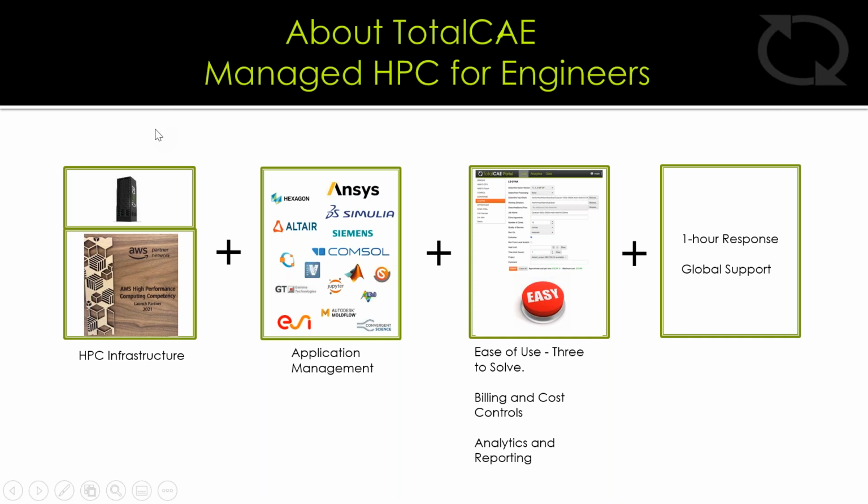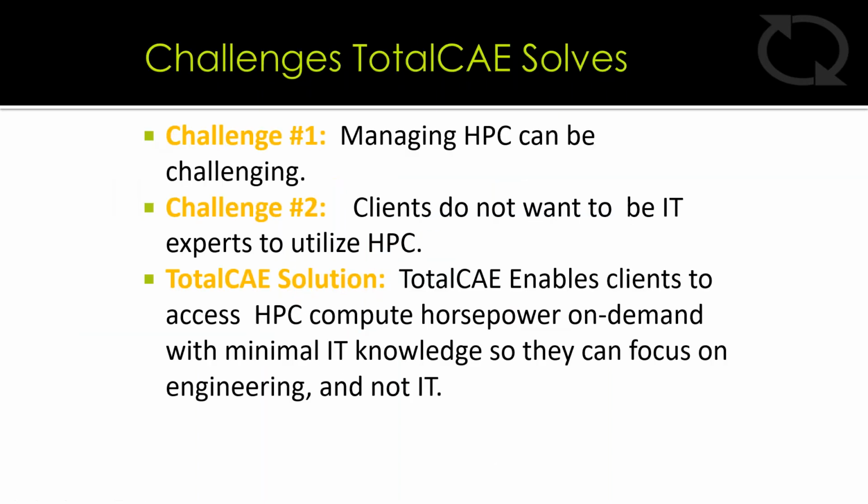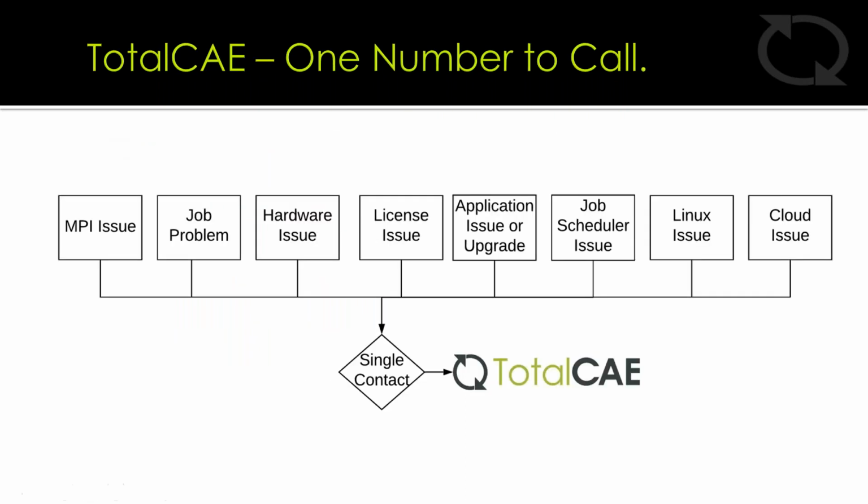The challenge that we are here to solve is to help clients that want to adopt high performance computing, but for whom it's too much of a leap to go from a workstation to that. It can be a bit daunting. So we are here to help you adopt that with minimal IT knowledge and effort. We're going to take care of everything for you. When you go to a distributed environment, there can be a lot of things that can go wrong. There's a lot of complexity in these environments.